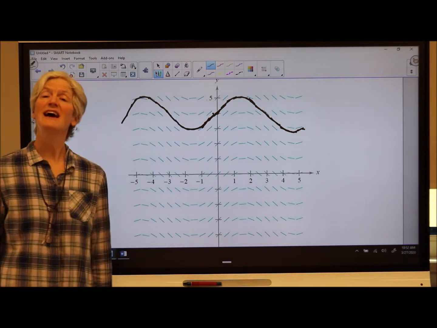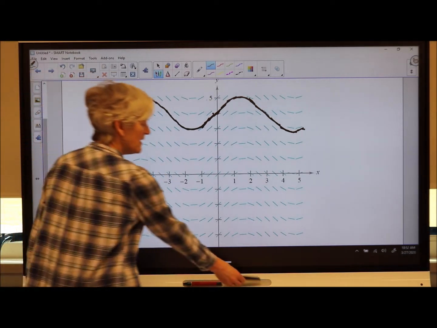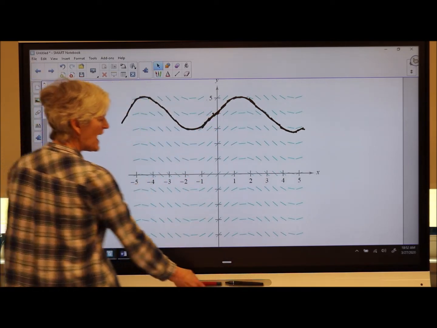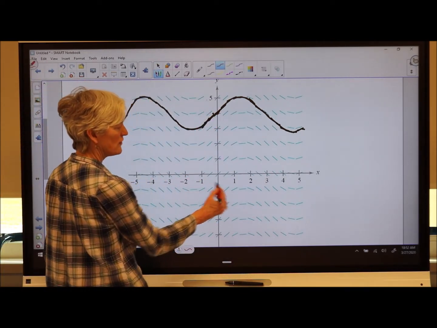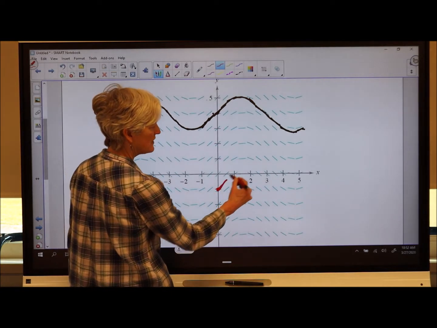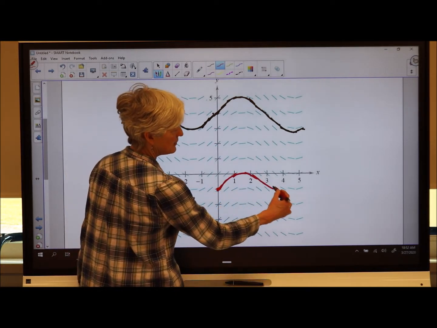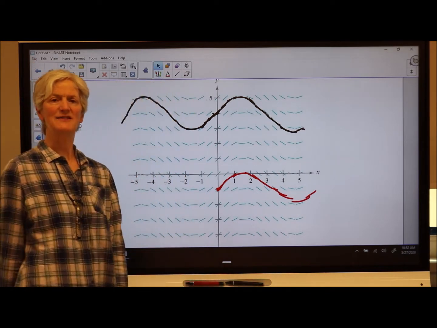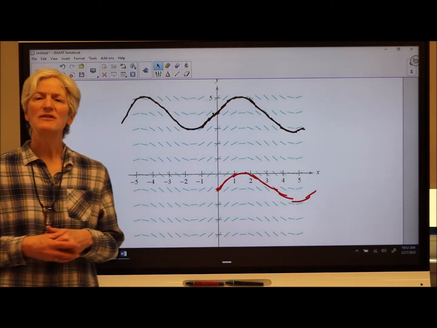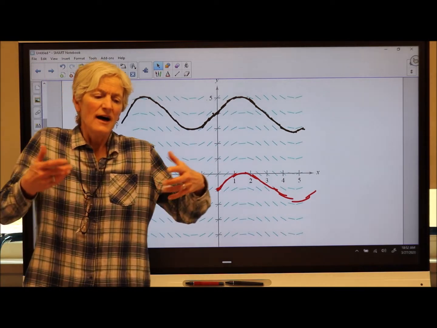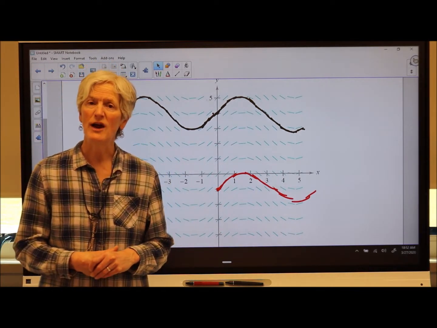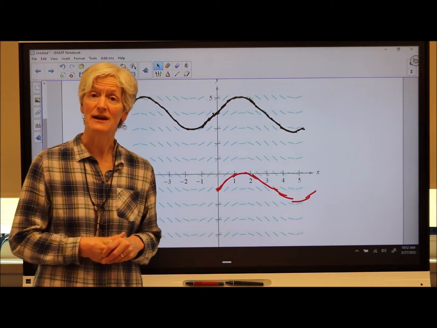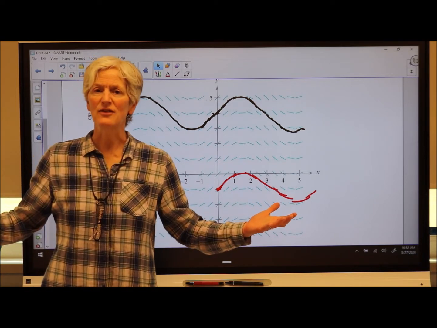Yeah, that looks like a sinusoidal curve. But if I had instead gone through an initial value of that point, I would have had a similar looking thing, but down here. So these are slope fields, and again, they allow us to get a sense of what a solution to a differential equation might look like graphically.